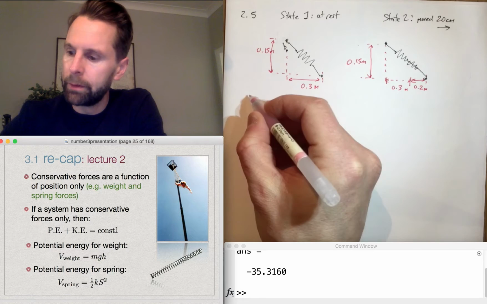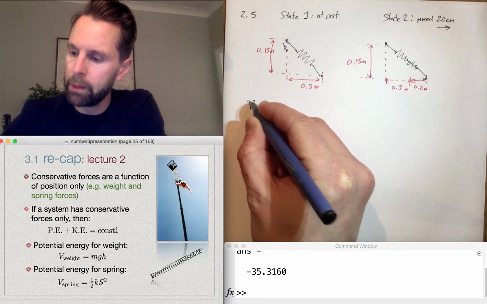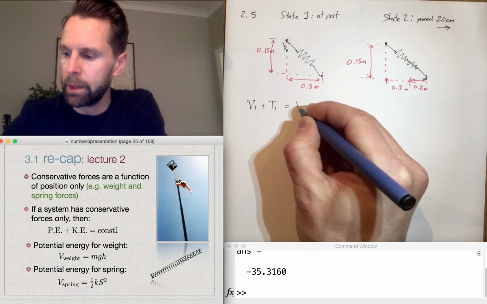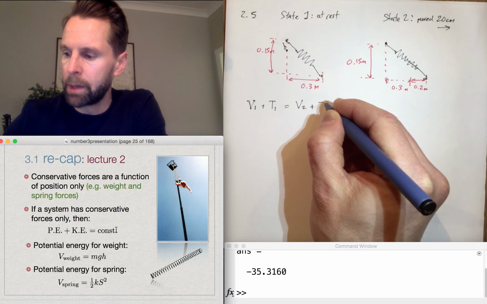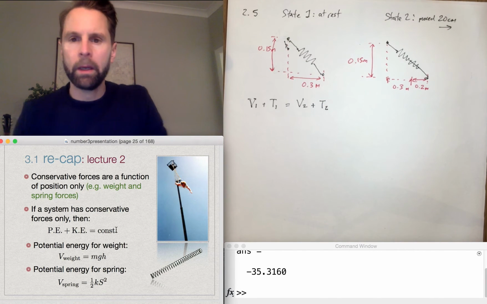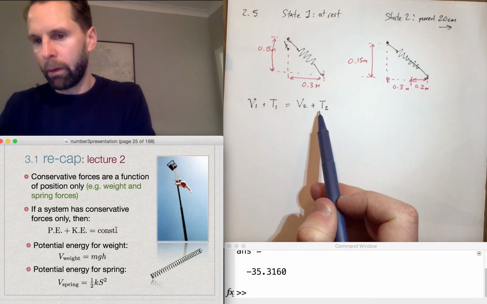So the potential energy plus the kinetic energy at state 1 is equal to the potential energy plus the kinetic energy at state 2. Simple.